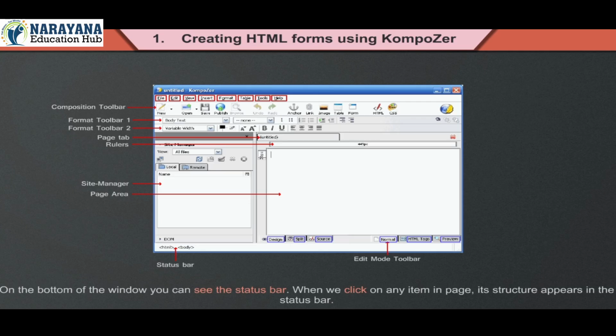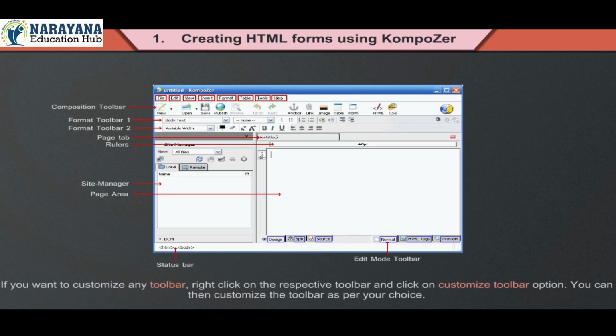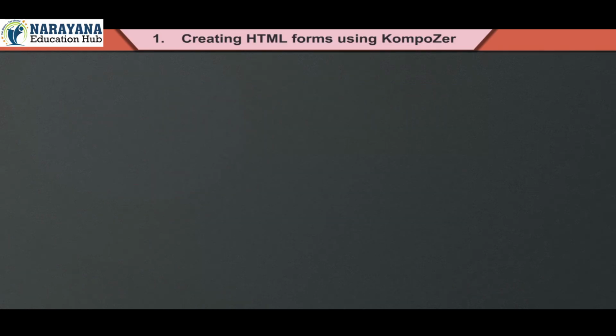On the bottom of the window, you can see the status bar. When we click on any item in the page, its structure appears in the status bar. If you want to customize any toolbar, right-click on the respective toolbar and click on the Customize Toolbar option. You can then customize the toolbar as per your choice.